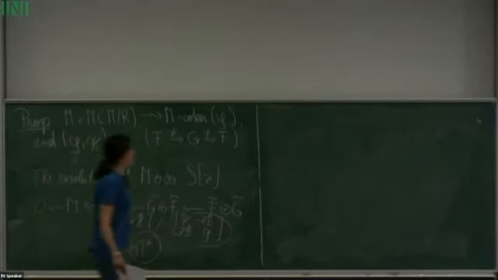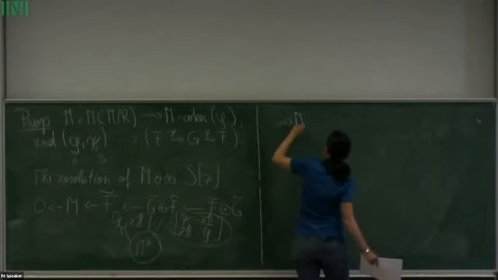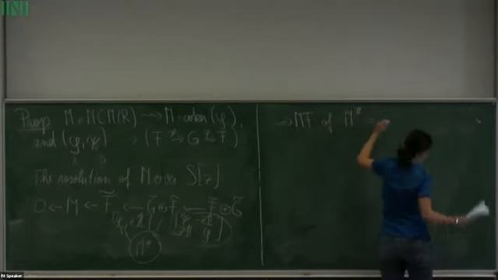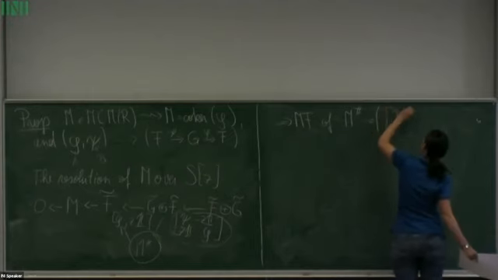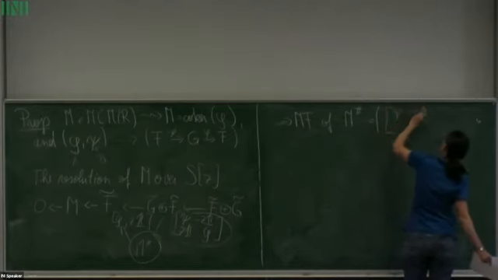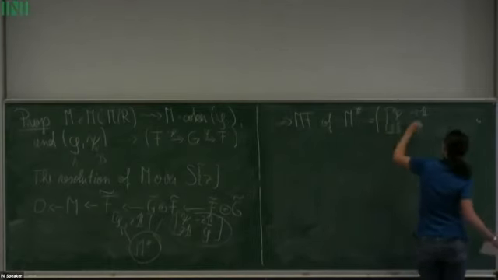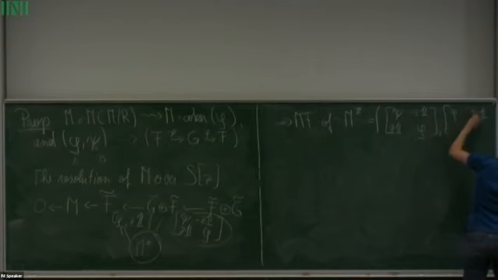And so it follows that the matrix factorization of M sharp is given by the two matrices, psi, minus Z times the identity, Z times the identity, phi; and here we have phi, Z times the identity, minus Z times the identity.